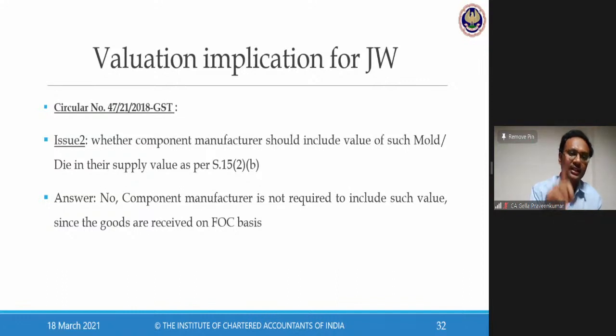This question was tested in your examination for 4 marks. Keep in mind, for any capital goods supplied on FOC basis, I as a job worker should not include that FOC value in my value addition, because it has been given to me on FOC basis and I do not have to consider it as my amortization cost.